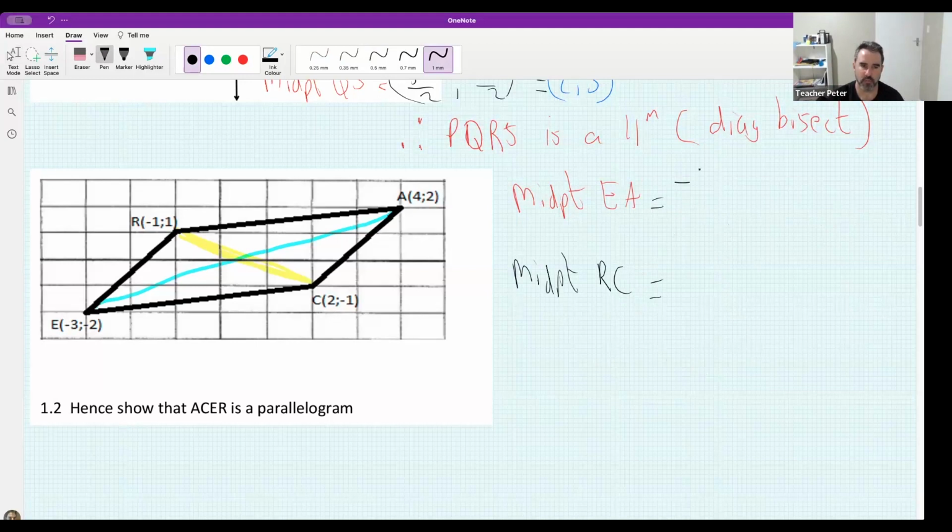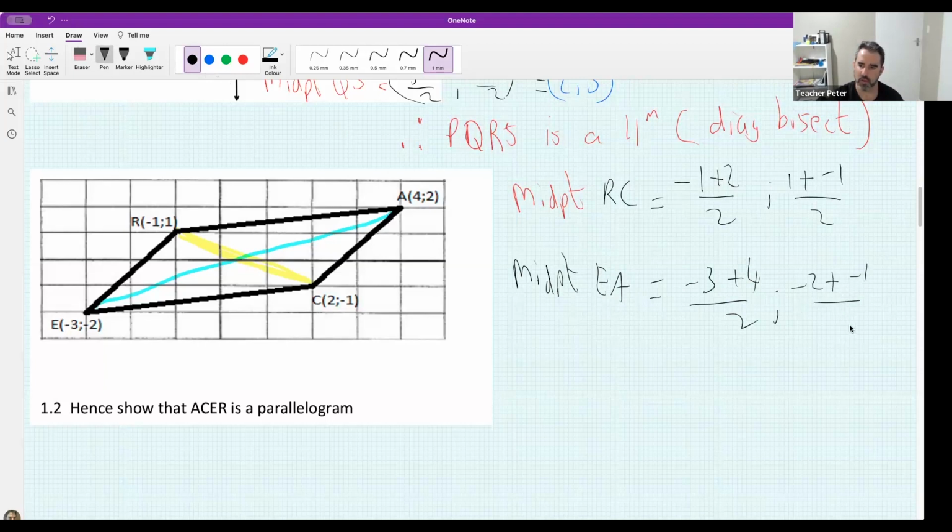So -1 plus 2 over 2, and this is 1 plus -1 over 2. Sorry, that was RC that I just worked out. And then EA would be, so what are we getting for this?